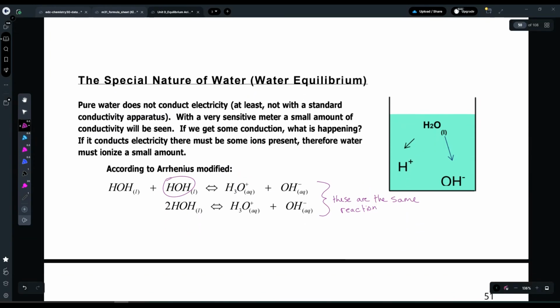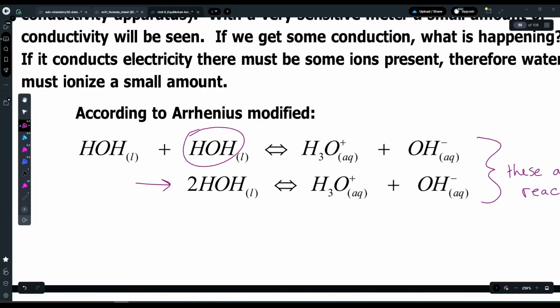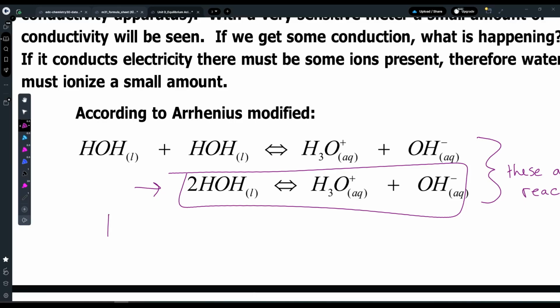Now, if we were to create an equilibrium expression for this, I'm going to focus on this last reaction here. Notice that we only have one liquid present in this reaction. In our equilibrium law expression for the autoionization of water, we always do products over reactants.